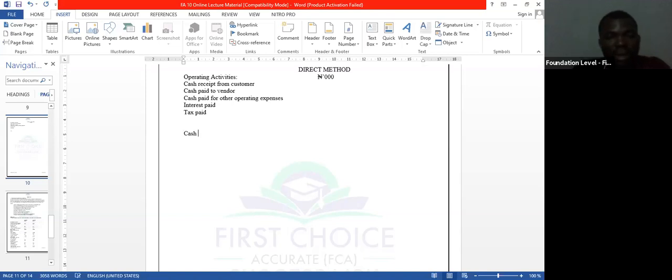receipt. If we go back to the material from the last class on this topic, you see the format there. Receipt from customers: the first thing I said is that we start with the opening balance of trade receivables.